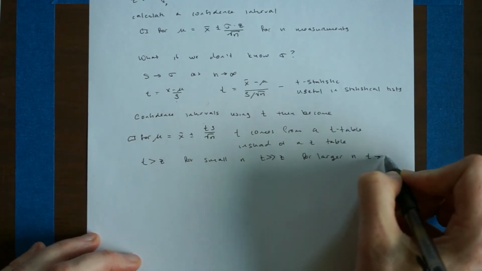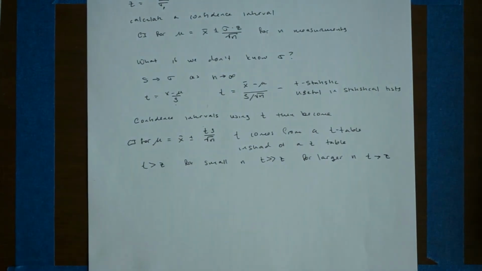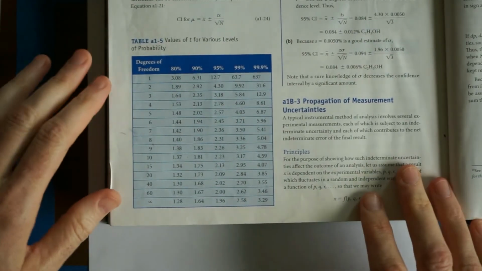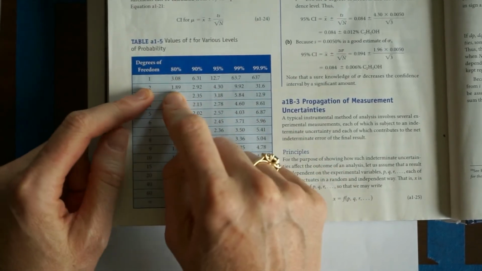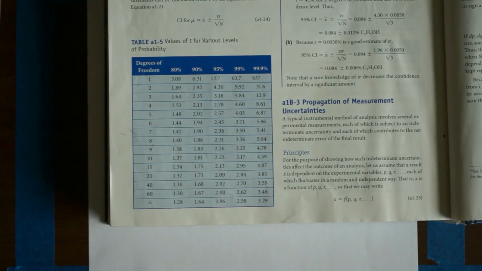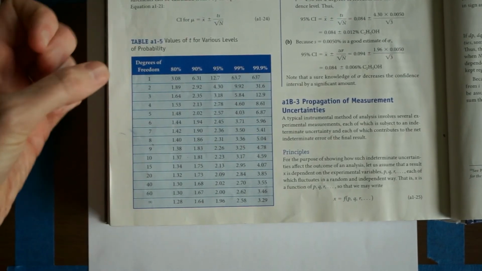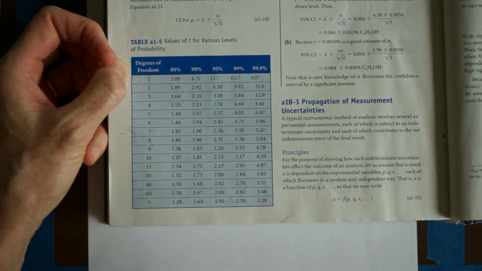t approaches z. So now we're going to take a moment and look at the t table in your book. This is on page 898. And I'll just note that here, so this table depends on the degrees of freedom. So the degrees of freedom are defined just as they are when you're calculating the standard deviation of a finite set of observations. So if you've made 2 measurements, then you will be calculating the standard deviation of 2 numbers.